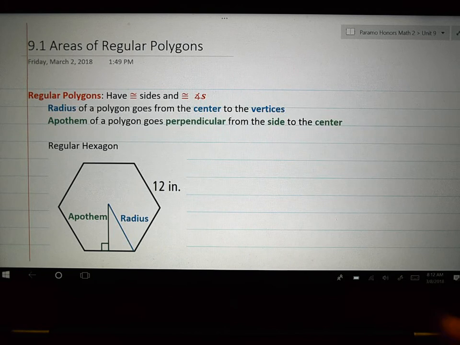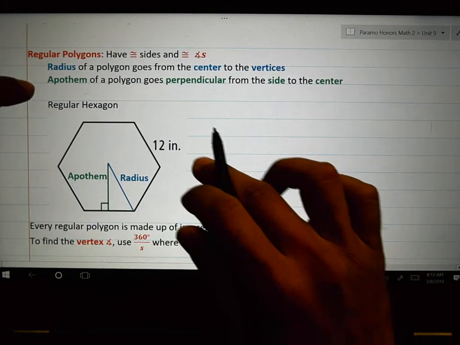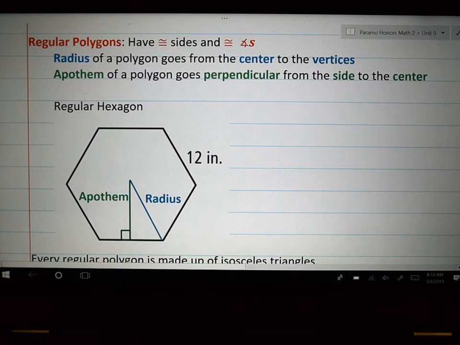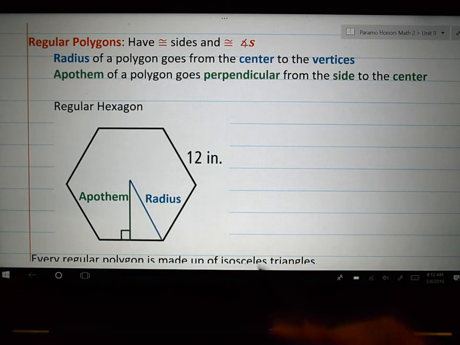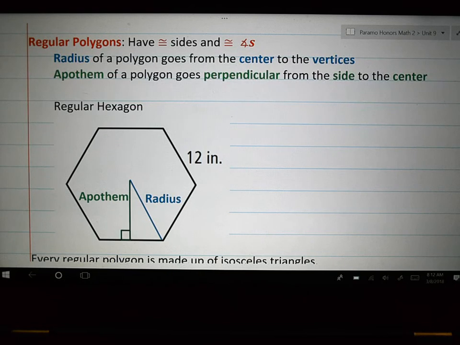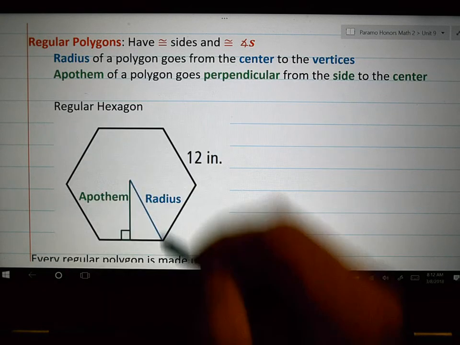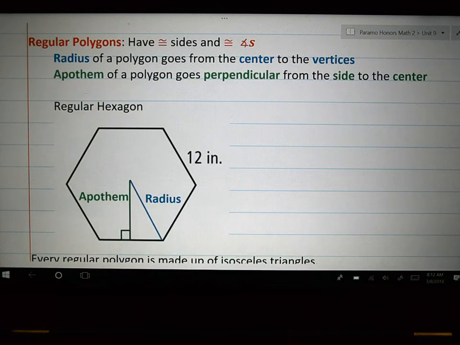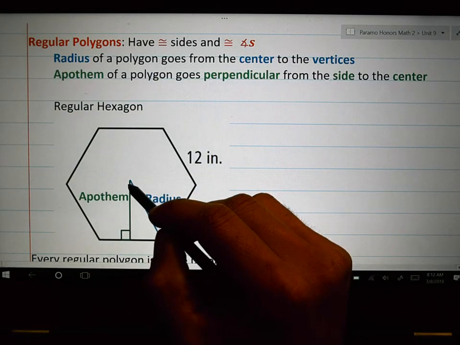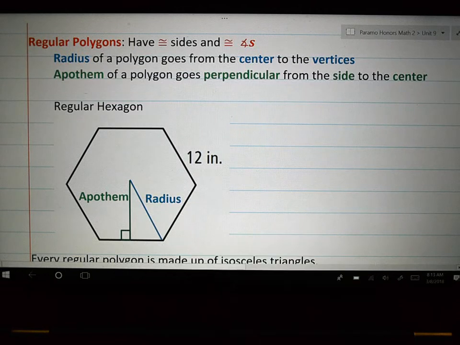Now, there's some terminology that you're going to need to know. You're going to need to know what the radius of a polygon is. You're used to a radius of a circle, but what about for something that has pointy edges? Polygons are made up of straight sides. If I have a radius of something with straight sides, like a regular hexagon, then the radius is from the center to the vertex.